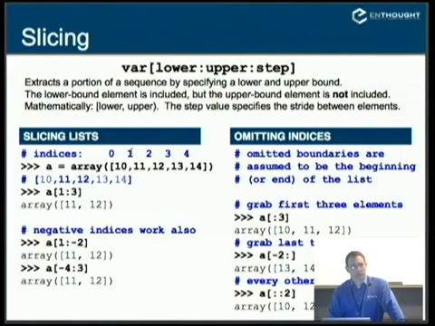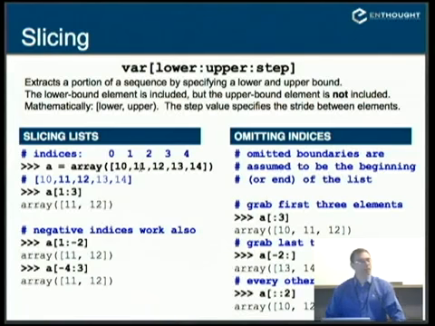That idea works fairly nicely with how slicing works, because if I say I want to slice off from index 1 to index 3, what that says is I want to go from index 1 up to index 3 and get everything that's between those. So that will return to me 11 and 12.